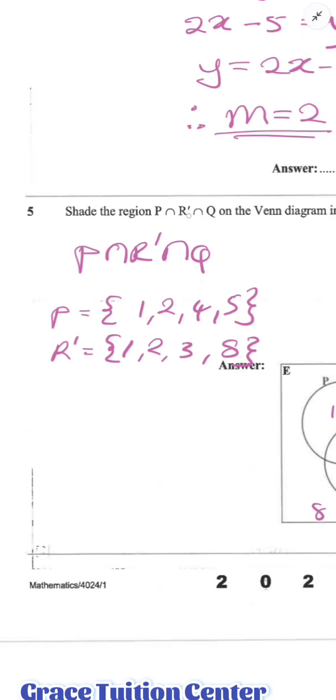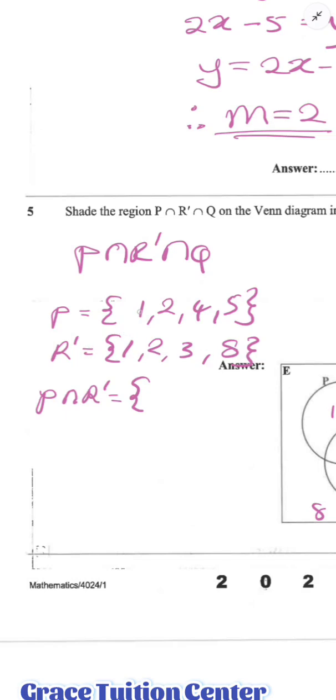We have our R complement represented by these numbers. Now, what is P intersection R complement? It means which numbers are found in set P that are also found in set R complement.